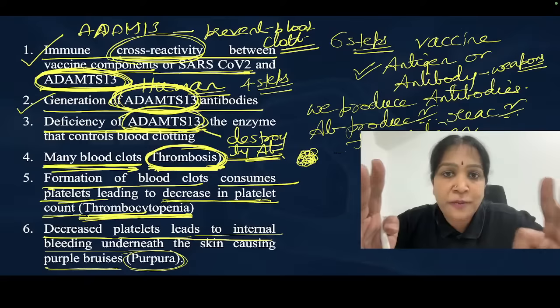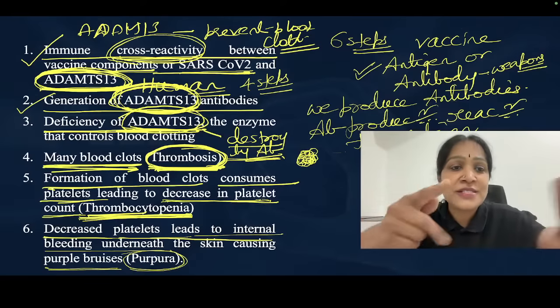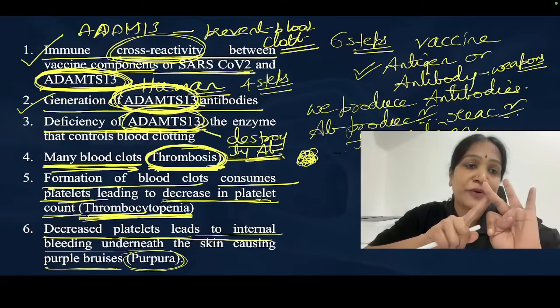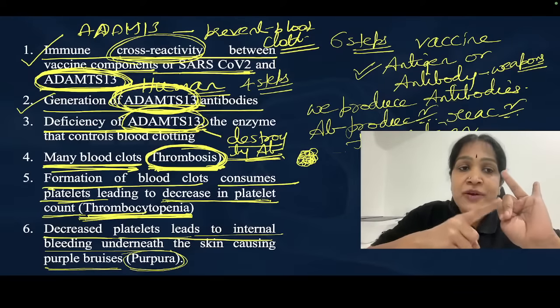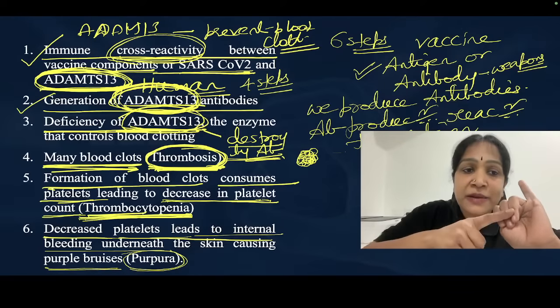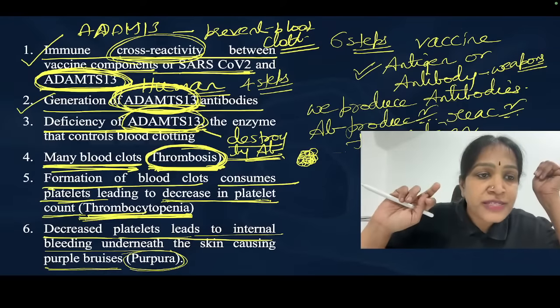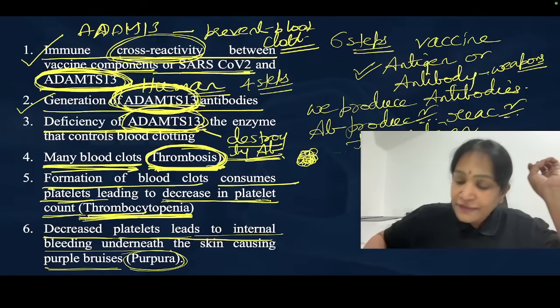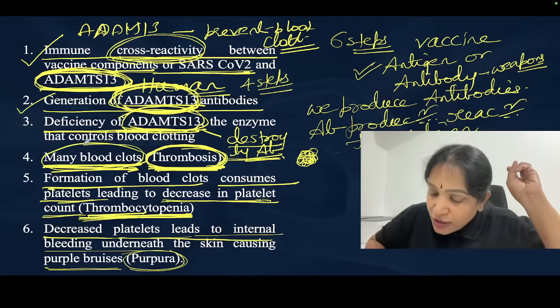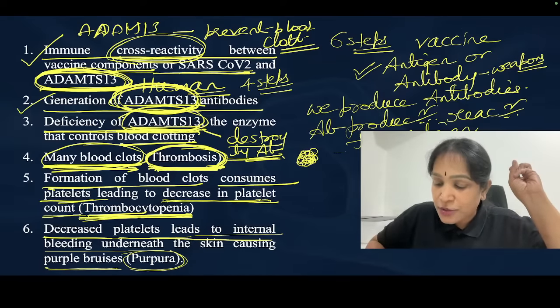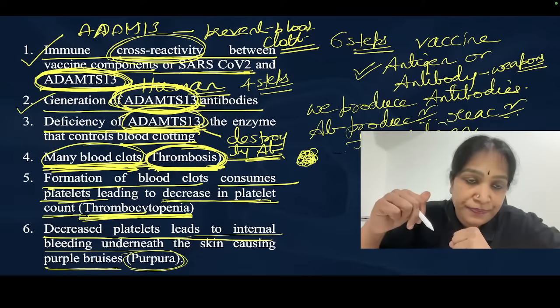Very good, great job, keep it up. But they will also destroy the ADAMTS13 protein. Is it clear? Because of that, what happens? ADAMTS13 protein deficiency. Because of this, it will lead to many blood clots. It will prevent the blood clotting. So, it will lead to many blood clots.